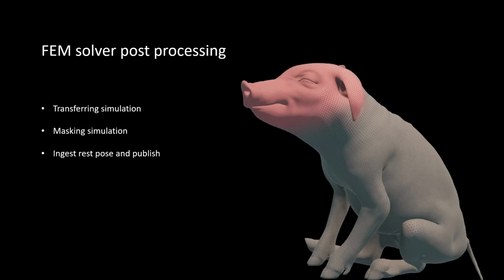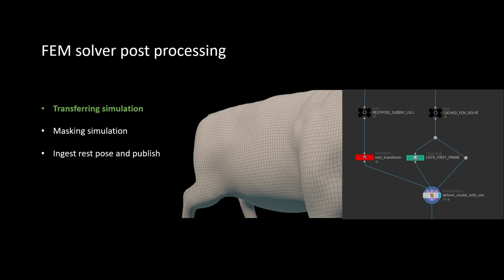But once you have your solver done, we need to do some post-processing. First, we need to transfer the simulation over to our nicely topologized mesh from Maya. And we also use the point deformer for this. Take in your subdivided high-res mesh in the rest pose, apply the rest transform, and then we just point deformed it with the cached FEM solve, where for the rest pose we just lock the first frame.